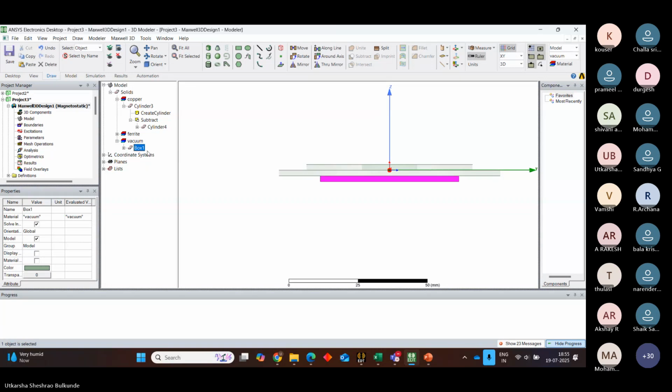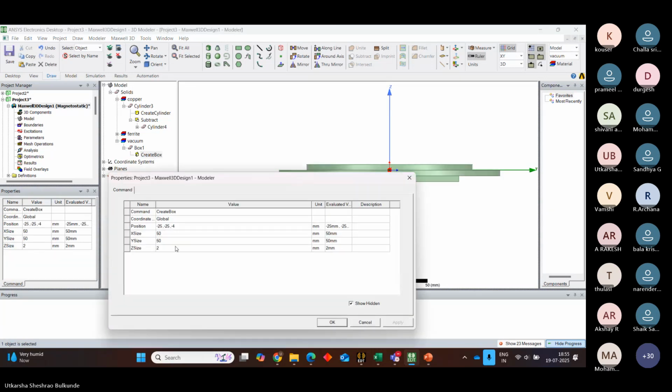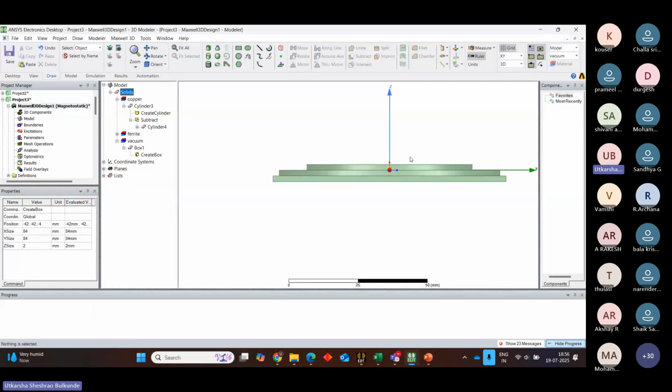Okay. 50 is also less. And 50 will work, I think. More than 80.